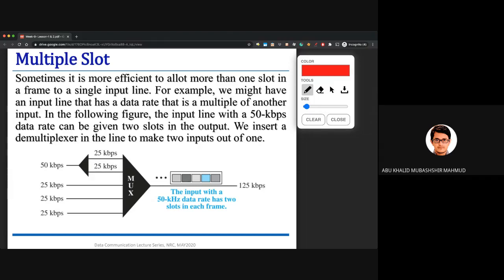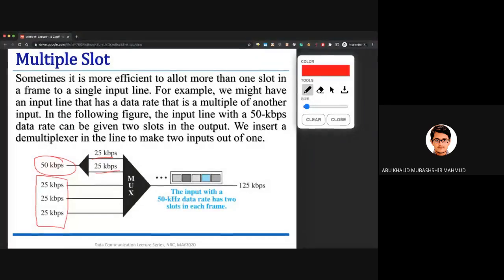We were combining the lower speed to form a single higher speed channel, and then multiplexing it with the other inputs of the multiplexer. But here we have a higher input which has to be broken down into two different slots so that it matches the speed of the lower inputs.